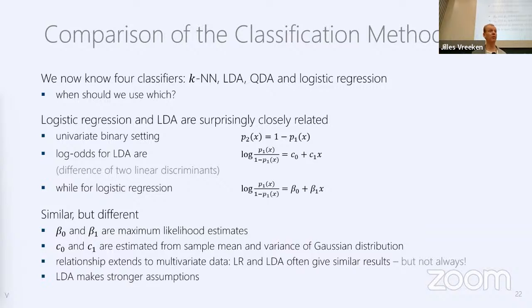We can have quadratic, cubic, whatnot. Can we have interaction? Yes, we can. These are all things that for LDA don't come so naturally. You can provide it, but it's not easy. You can quite easily give logistic regression quite a few of those basis functions, and we have the statistical machinery to tell, okay, use this one, don't use that one. So logistic regression is a bit more versatile in that sense.